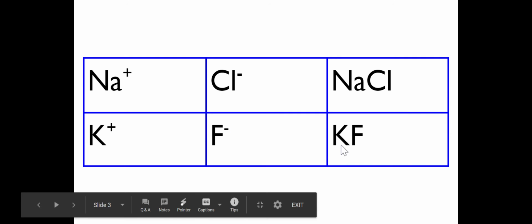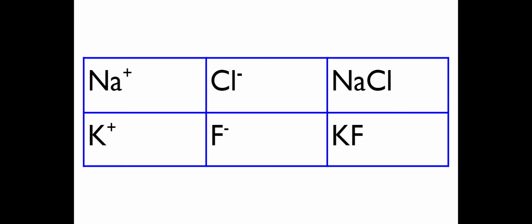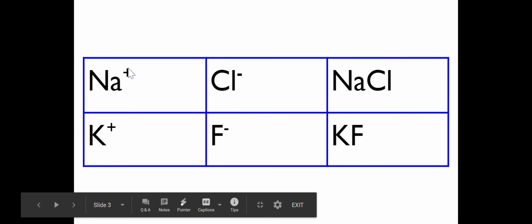And when we write the formula for potassium fluoride, it just looks like this: K represents potassium, F represents fluorine. These two are pretty simple because each metal gives away 1 electron, and each non-metal just receives 1.